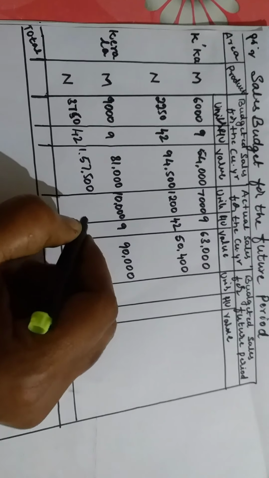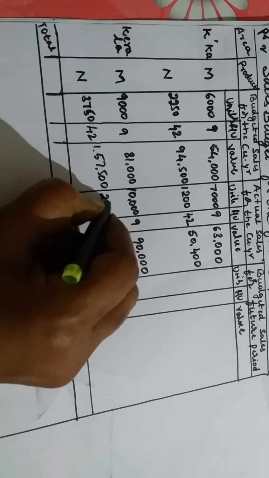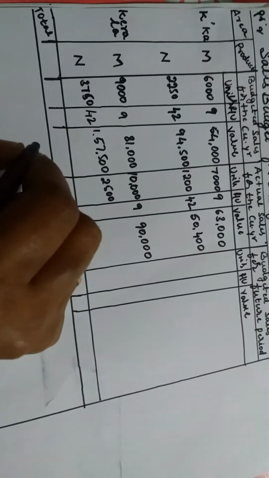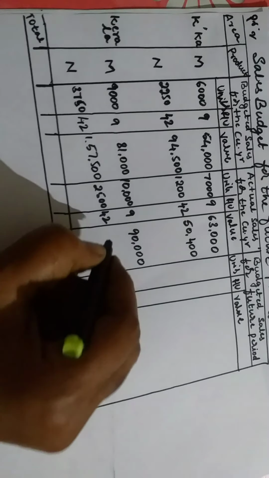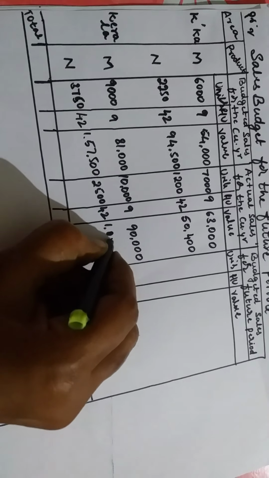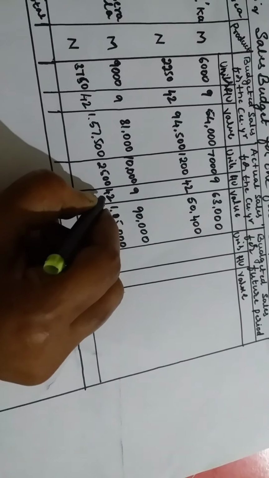Whereas for product N in Kerala, the actual sales is 2,500 units at the rate of rupees 42, and the value is 1,05,000. 2,500 multiplied by 42 comes to 1,05,000.